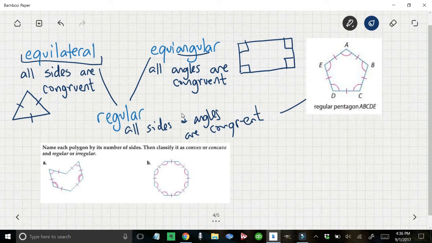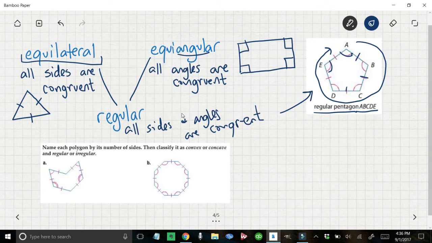And I cheated a little bit for this. I just drug in a picture, and this right here would be a regular pentagon. And they called it A, B, C, D, E, just going around in a circle when they named that. And notice that all of these angles have the congruency marks because they all have one arc, and all of the sides have congruency marks too. So that's the way we know that it is regular.